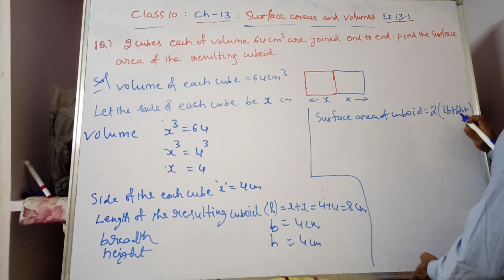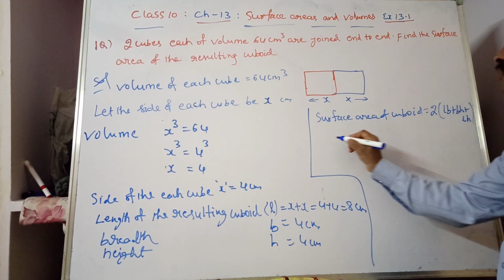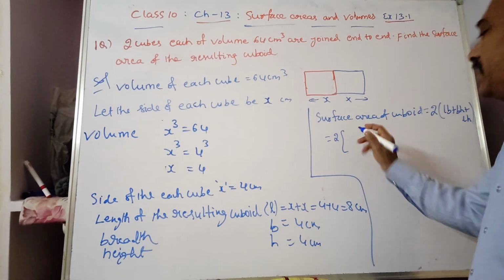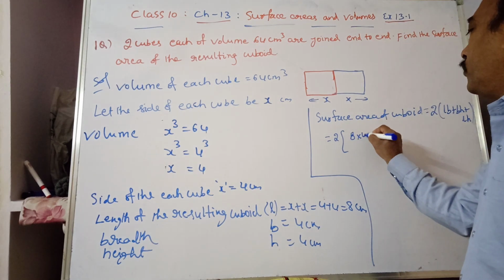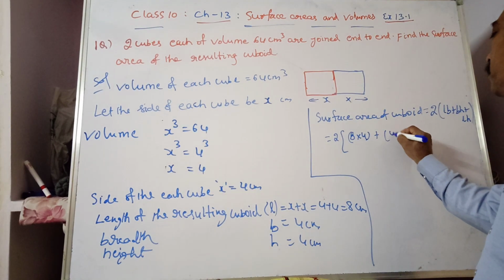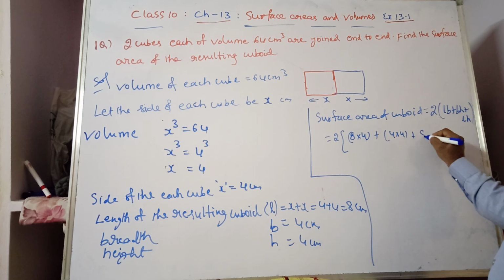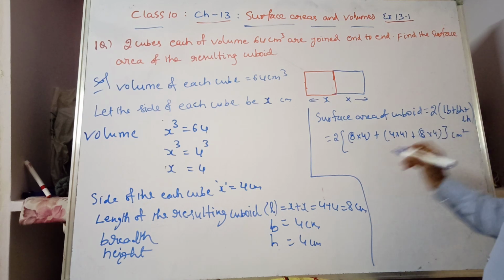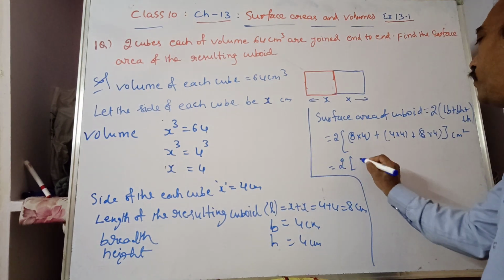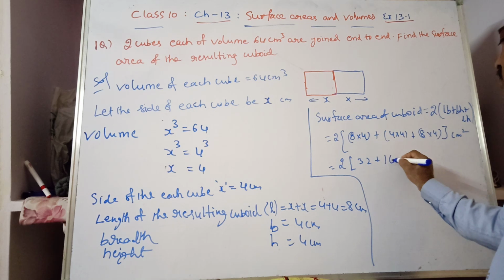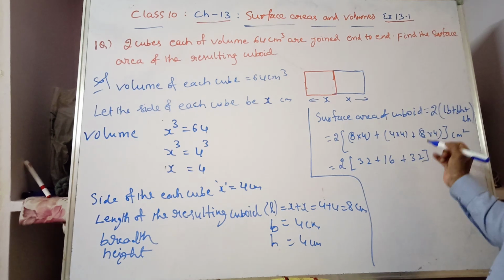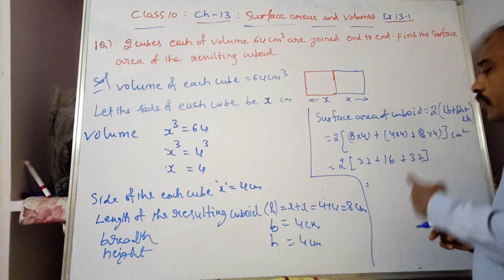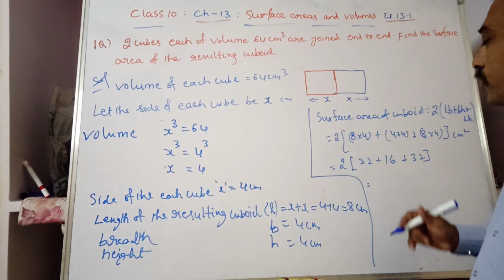So it is 2 into (8 into 4 plus 4 into 4 plus 8 into 4) centimeter square, which is 2 into (32 plus 16 plus 32). 32 plus 32 is 64, and 64 plus 16 gives 80.